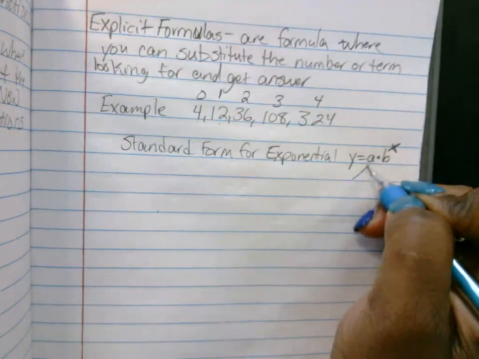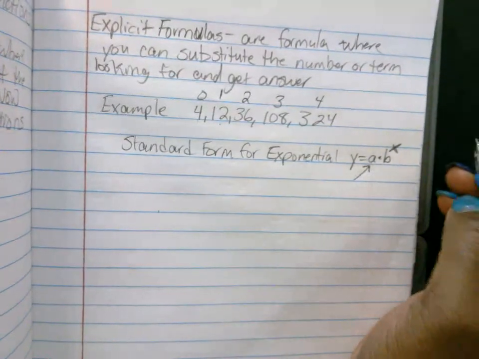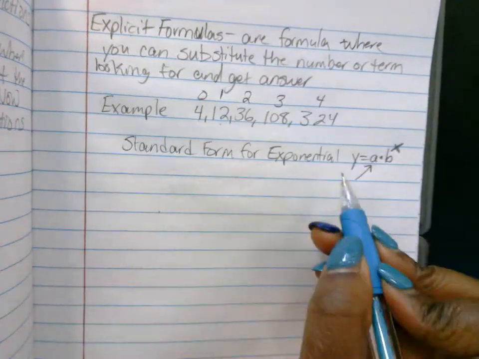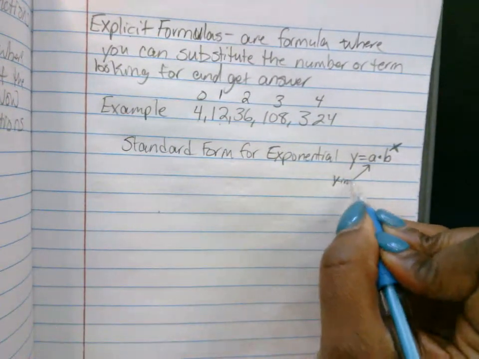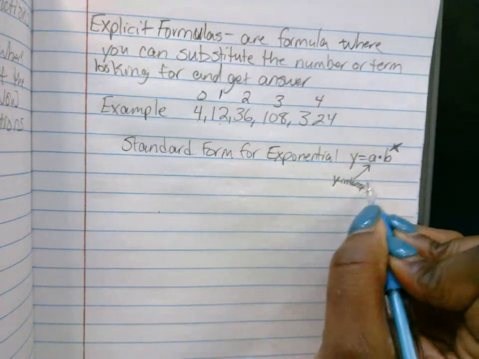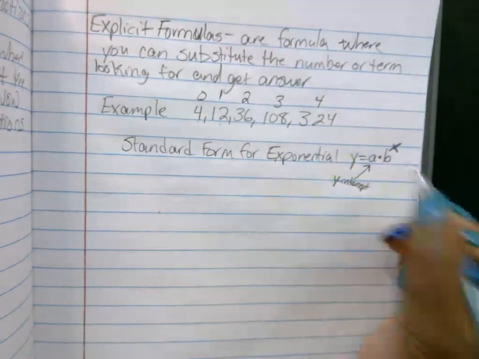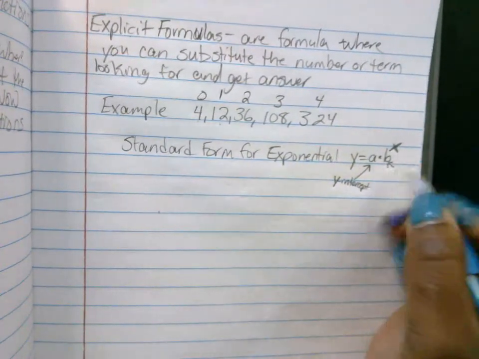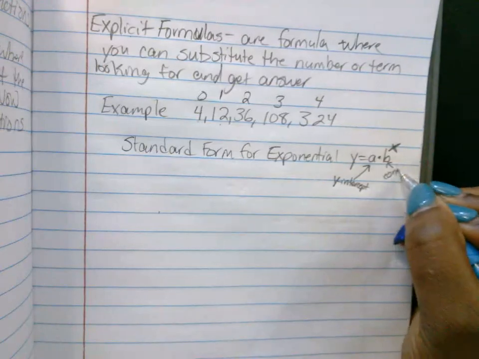What is the a? The y-intercept, or the starting amount. Very good. What is the b? The common ratio. Very good.